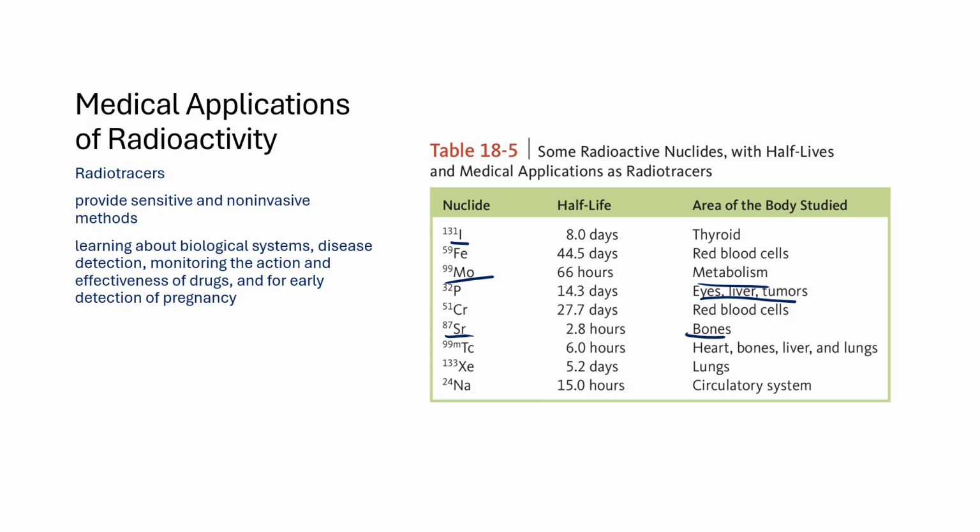With these radiotracers, you learn about biological systems, disease detection, monitoring the action and effectiveness of drugs, and early detection of pregnancy. Now let's briefly touch on the thermodynamic stability of the nucleus.